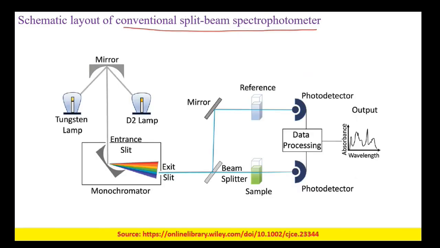So in conventional split beam spectrophotometers, if you see, there are two places, one for the reference and one for the sample. And in both places you are measuring the absorption, and you have individual photodetectors for each of them. And it is automatically calculating the difference, or subtracting the baseline of your reference. Okay, so you need not do anything in the case of a conventional split beam spectrophotometer.